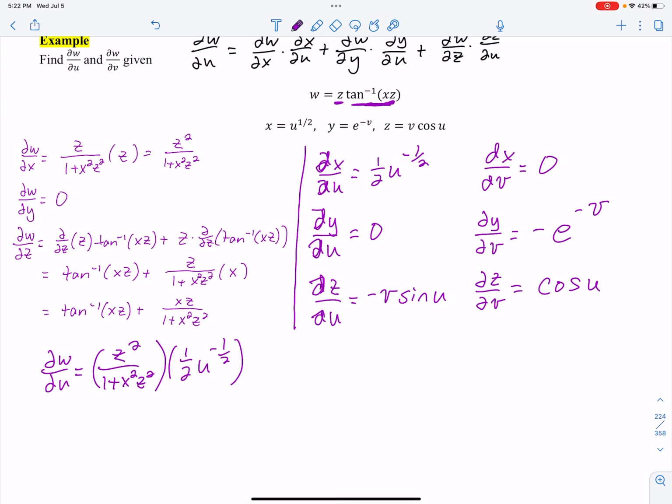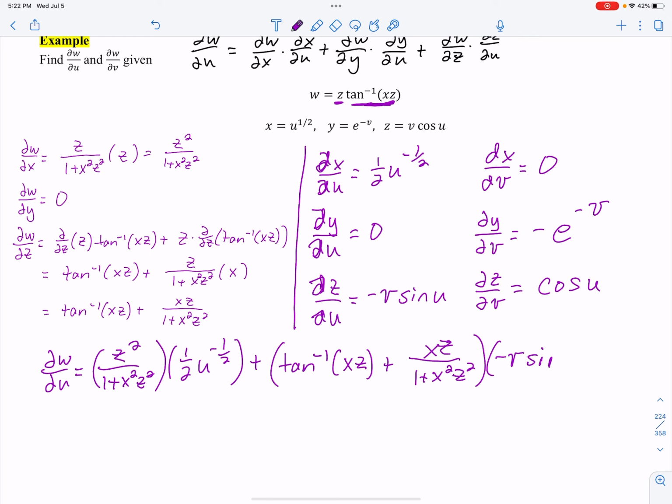The zeros with the y's are gone. So I got plus arctan xz plus xz over 1 plus x squared z squared, and that's going to be times negative v sine of u.